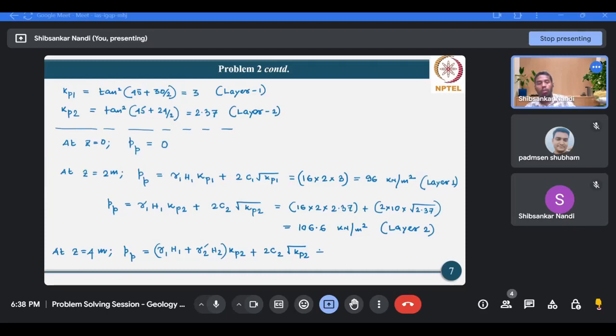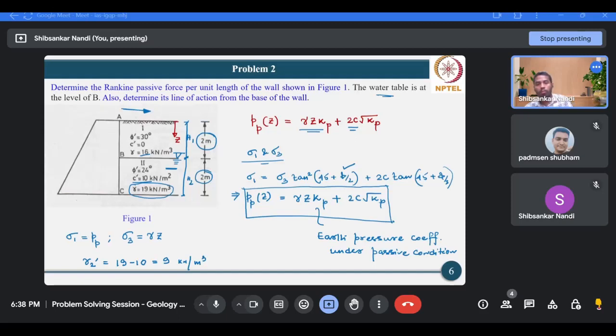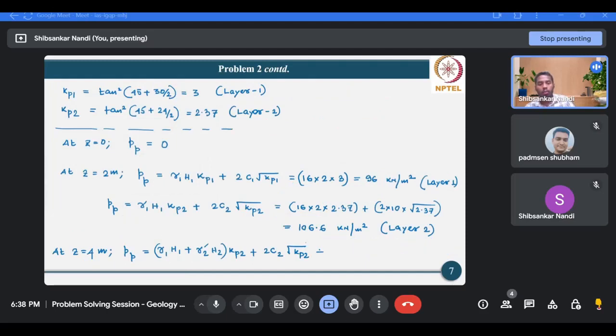No, this is not the complete expression, because you have to add the pressure component due to the water also, because we have this water table at level B. So additional pressure from the water you have to take into consideration. That means this will be gamma W into H2.